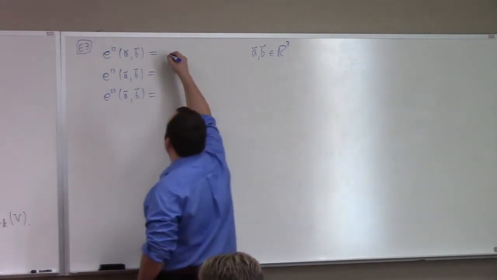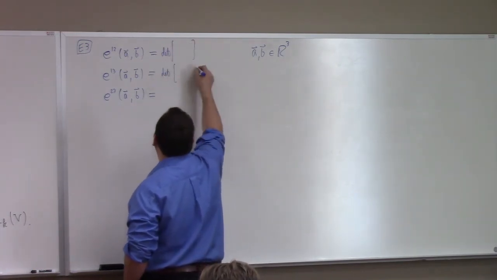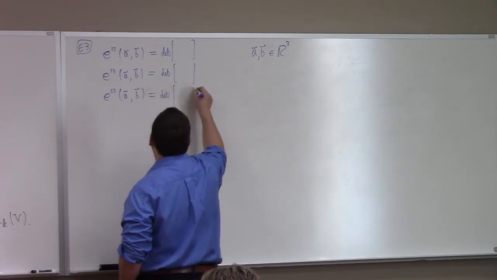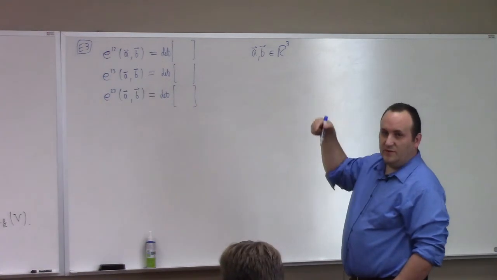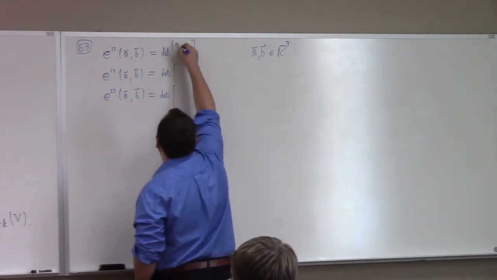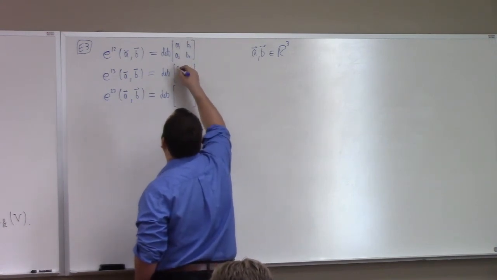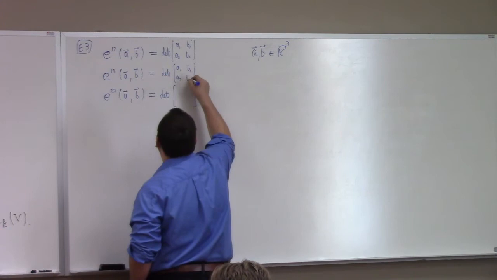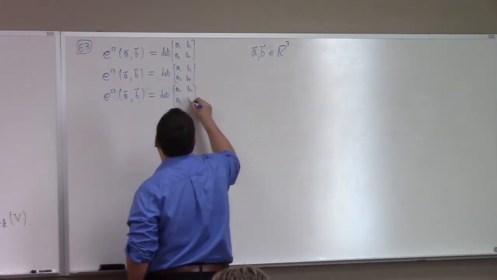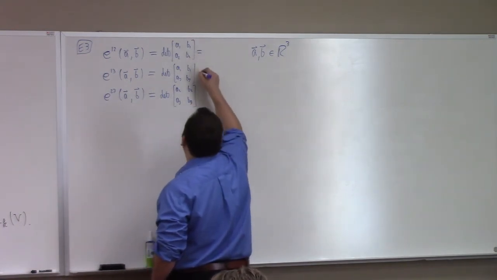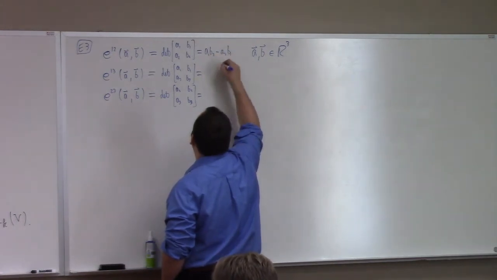So this is the determinant of what? We take the 1, 2 coordinates. You got your A1, you got your A2. You got your B1, you got your B2. You got your A1, you got your A3. You got your B1, you got your B3. A2, A3, B2, B3. So A1 B2 minus A2 B1.